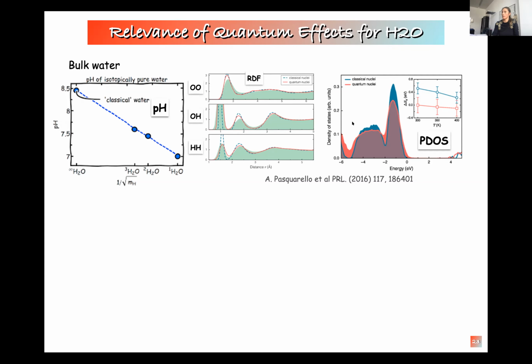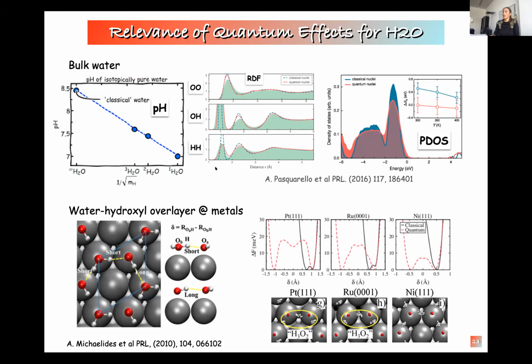Also, at the interface, there have been studies showing that the introduction of quantum effects changes the dynamics of the adsorbed water layer, and allows the hydrogen to more easily move among the adsorbed oxygens, which strongly depends on the material beneath.